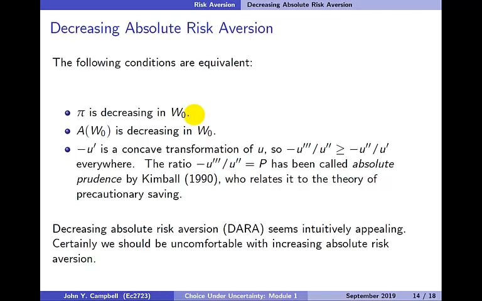So for this reason, many people have the intuition that decreasing absolute risk aversion is a desirable property of a utility function. Certainly, I think we should be uncomfortable with increasing absolute risk aversion, which would imply that Jeff Bezos would pay more to get rid of a given dollar risk than you would. And this is one objection to quadratic utility, which does have increasing absolute risk aversion.